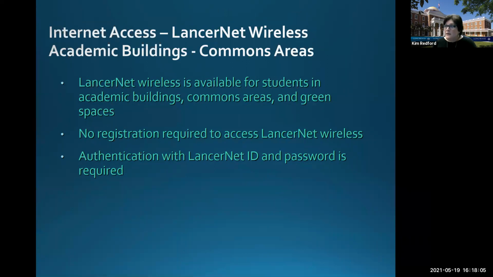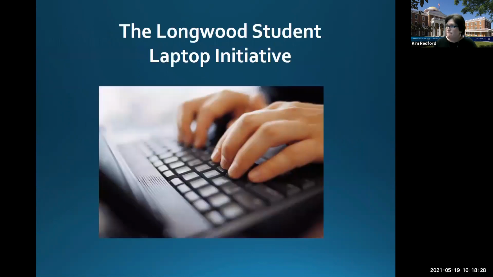To use the LancerNet wireless, you do not have to register, but you do have to authenticate. You will be asked for your username and password, and you will use the LancerNet ID and password for the LancerNet network. So, not confusing. I think that you'll have an easy time navigating that. If you have any questions along the way, the SSTs and the help desk are here for you, and we can certainly get you connected where you need to be.